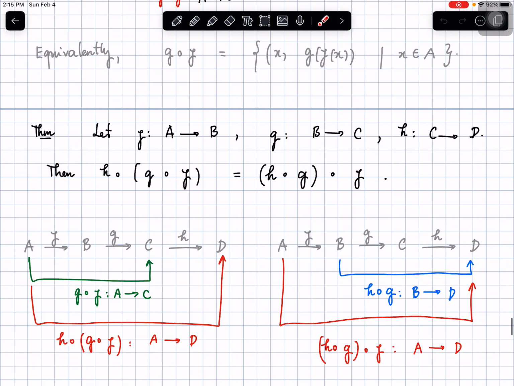So now let's prove this one. We need to show that these two functions are equal.